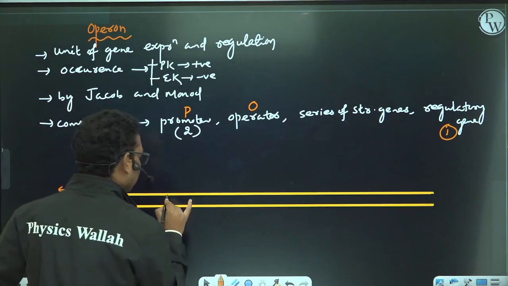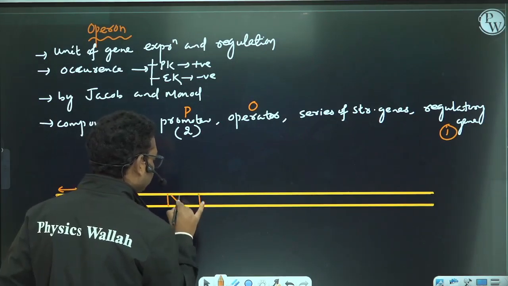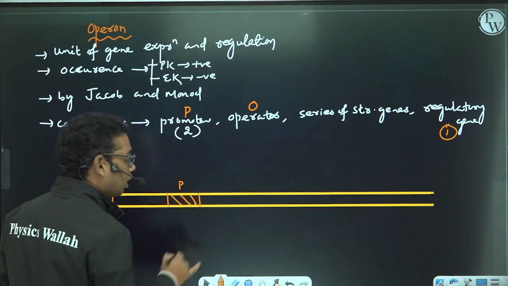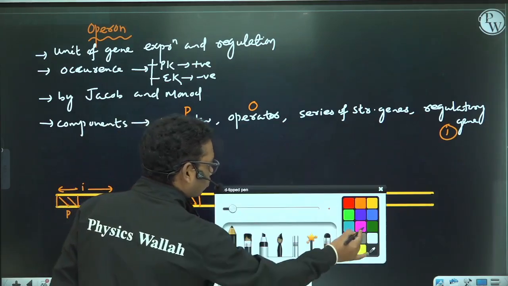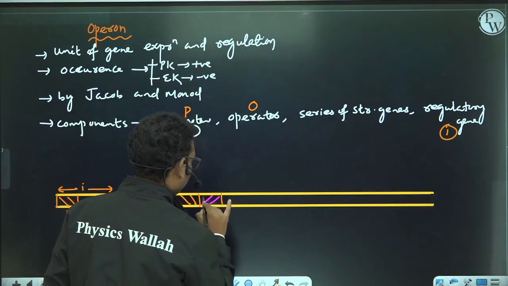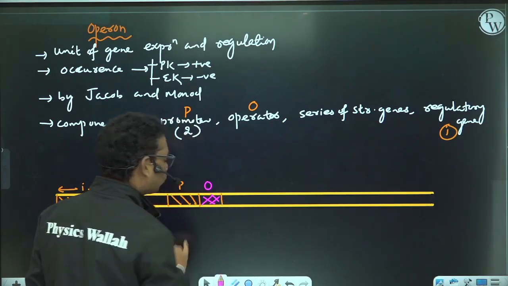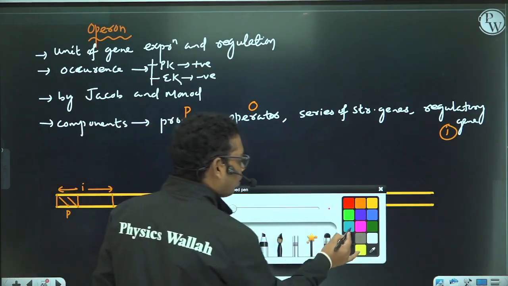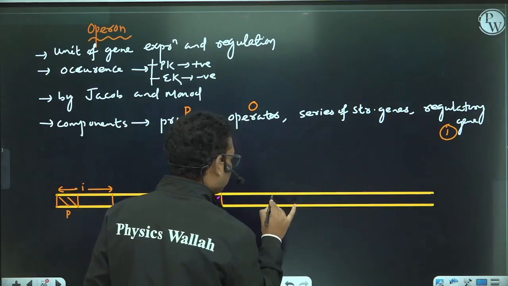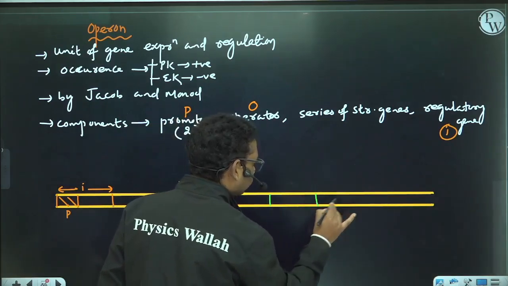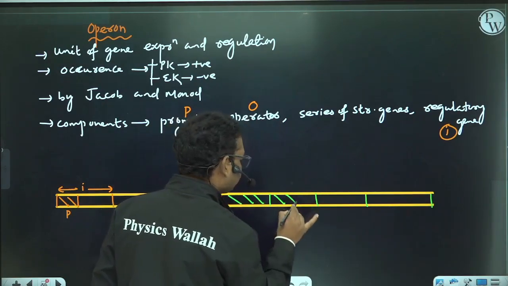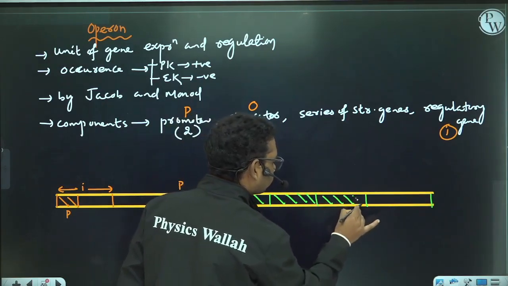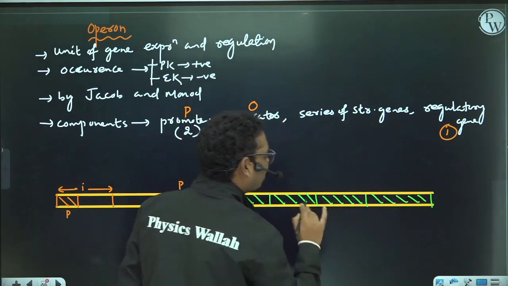And suppose here I am having another promoter. Okay, and suppose this sequence is the operator gene, and here let me have some genes. So these are genes, and these are structural genes.